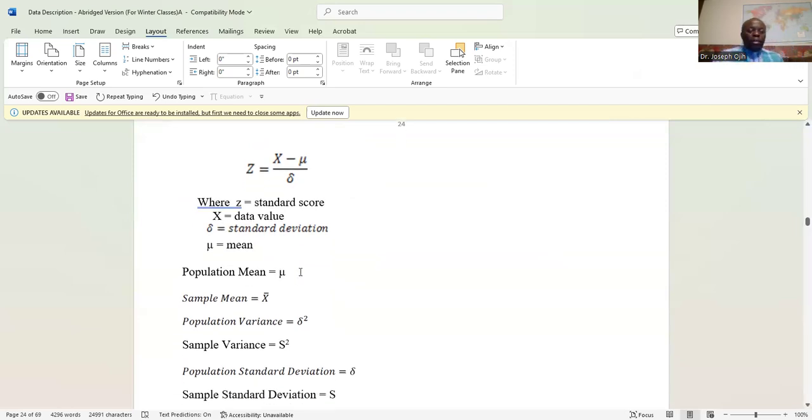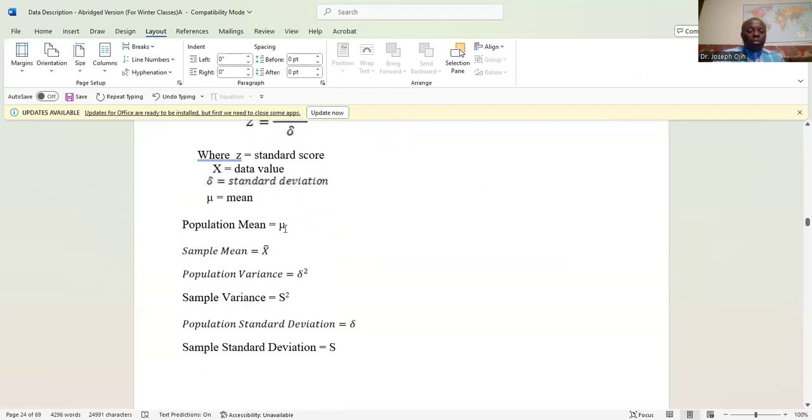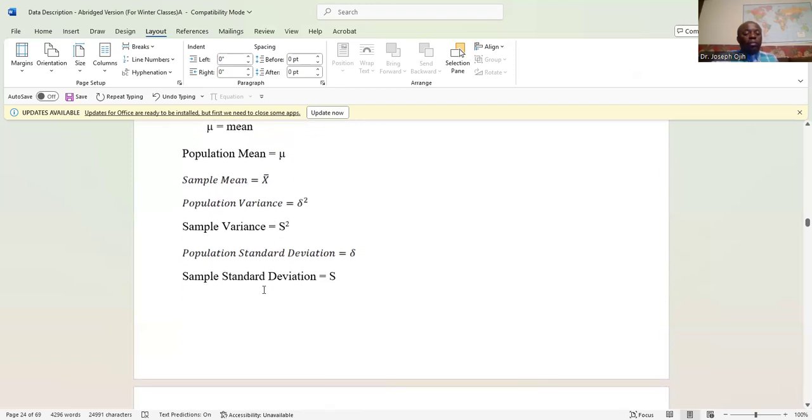I told you at the beginning that this is how we write the population mean, mu. Sample mean is x bar. Population variance is delta squared. Sample variance is s squared. And of course, for standard deviation, it's very simple.